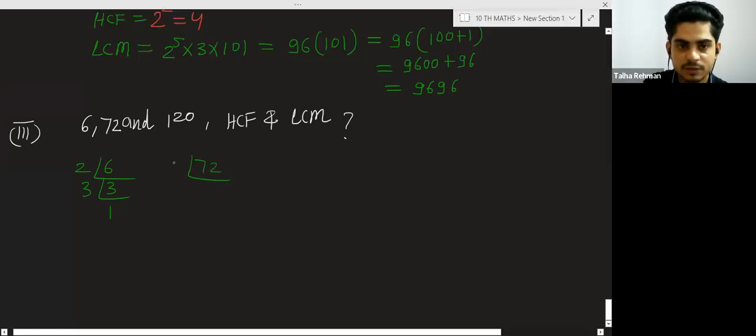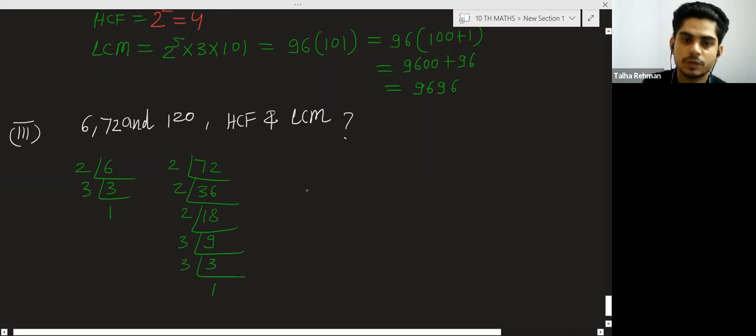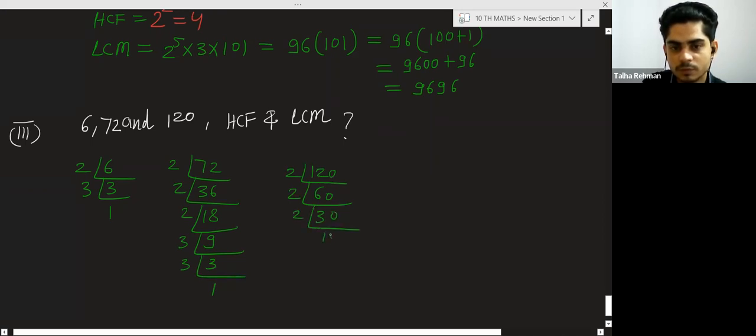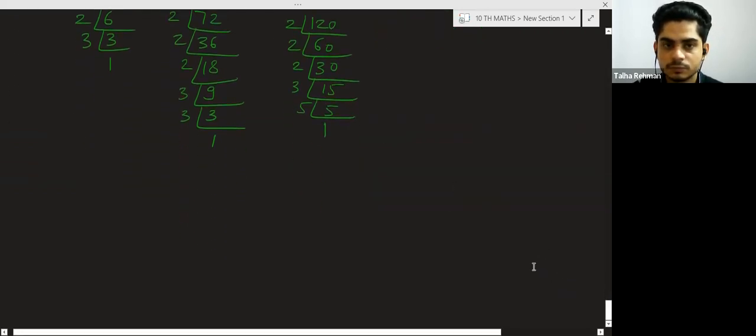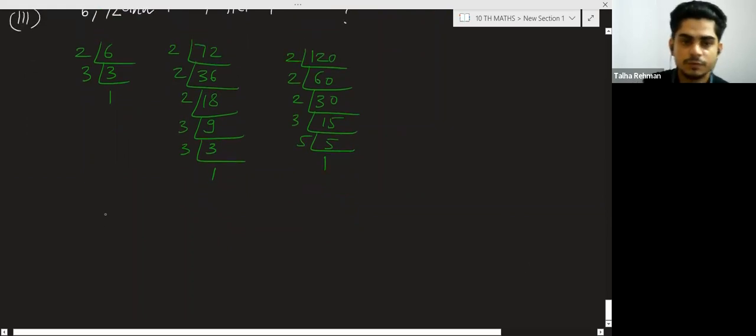For 6, I can write 2 into 3. For 72, I can write 2 to the power 3 into 3 to the power 2.